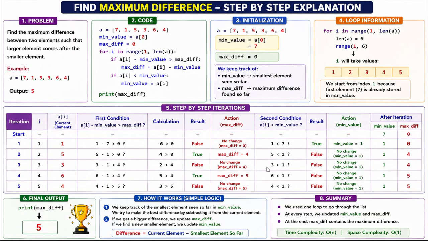Why 4 here? Because a of 5 means the 4. 4 less than the minimum value 1, false, right? So there is no change. What is the maximum difference that came here? 5. Now the final output is 5.